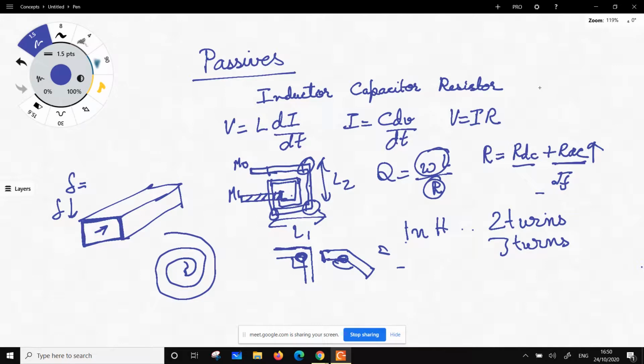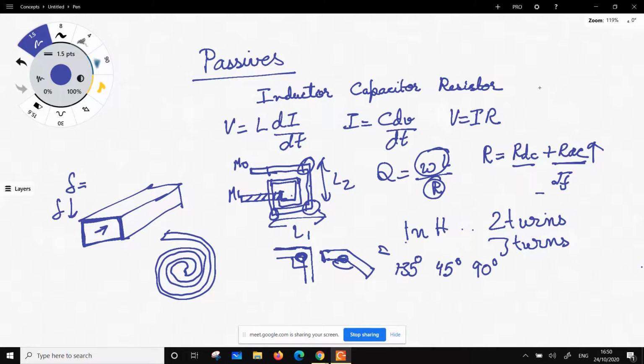But the problem with the spiral is all processes do not allow you to do a spiral. So what is the restriction? The process can allow you angles of 45 degrees, 135 degrees, or 90 degrees.